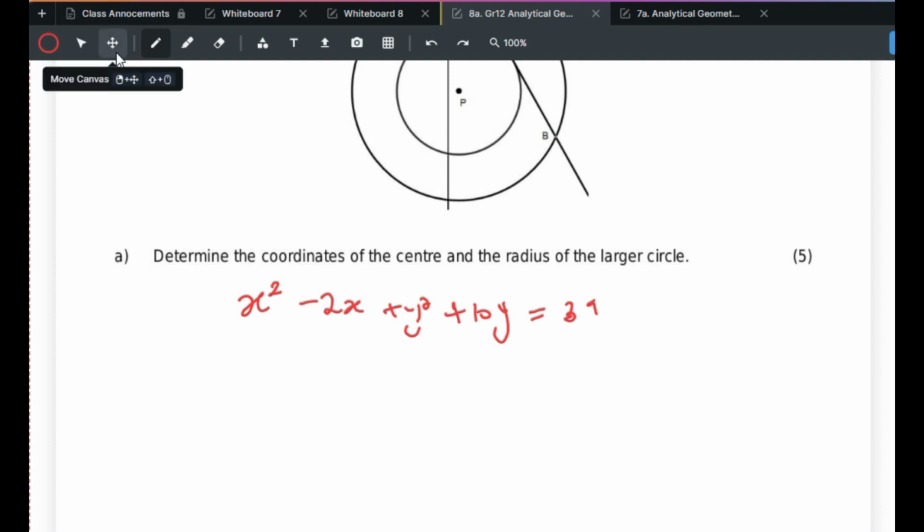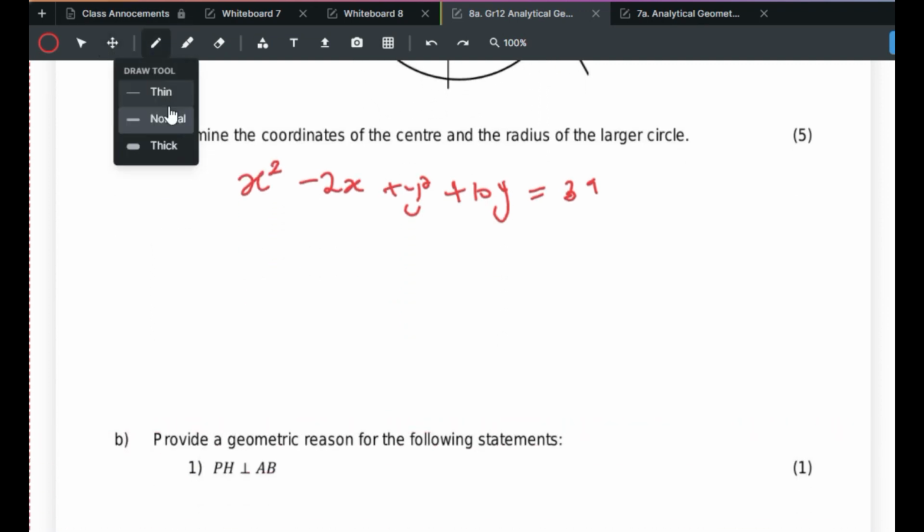Doing this here, you would have such a small space for a 5 mark question.